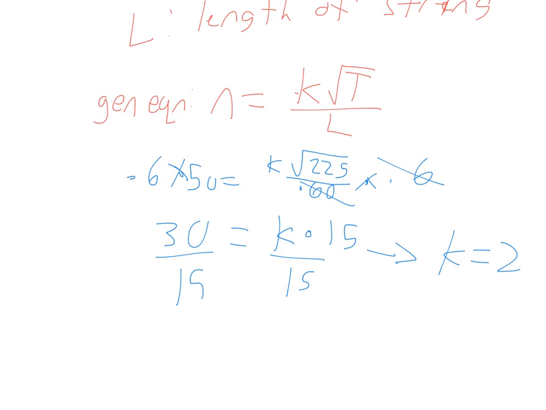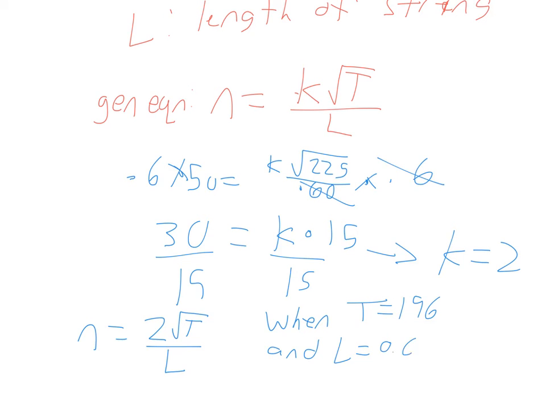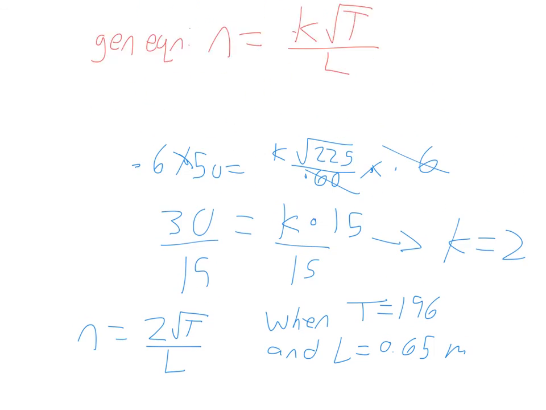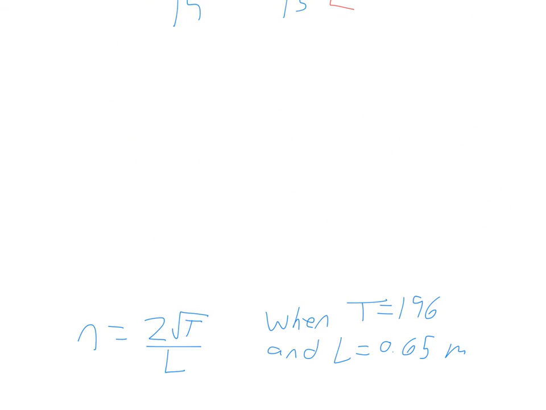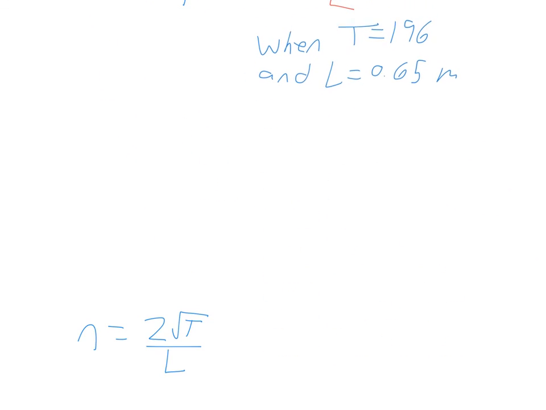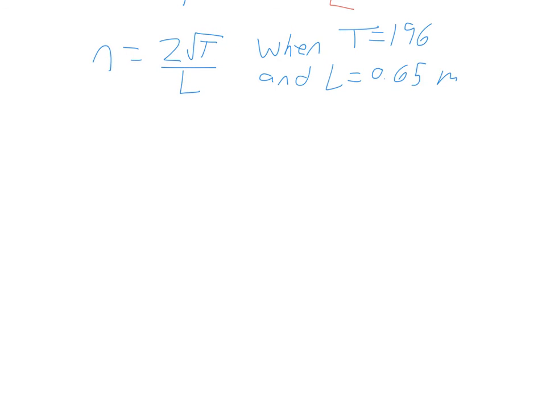So, your general equation would be 2 times the square root of the tension divided by the length of the string. So when the tension is 196 newtons and the length is roughly 0.65 meters, we can plug it in.